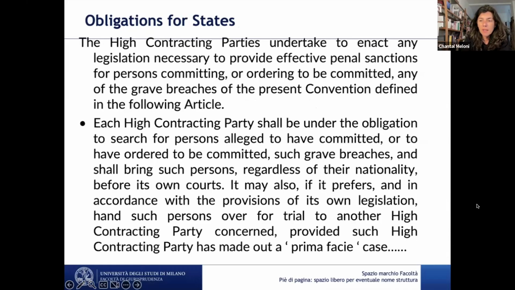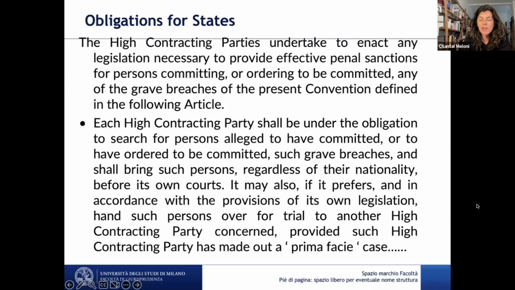There is also an alternative if the state is required to extradite these suspects who are found on its territory. It may also do so, if you see the language, if it prefers.